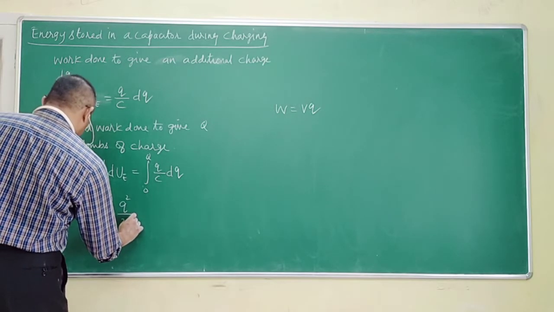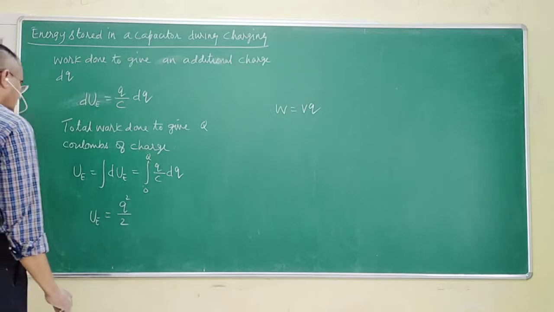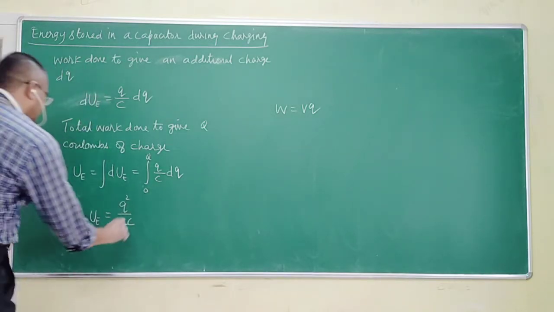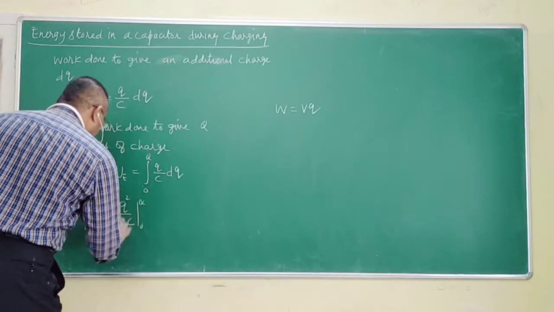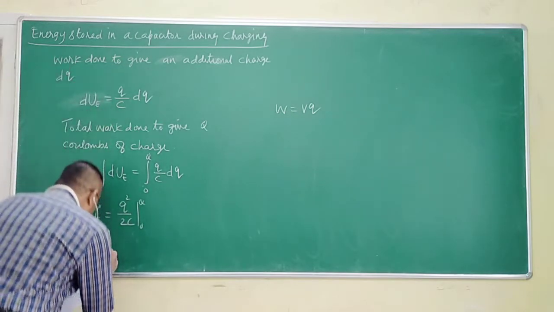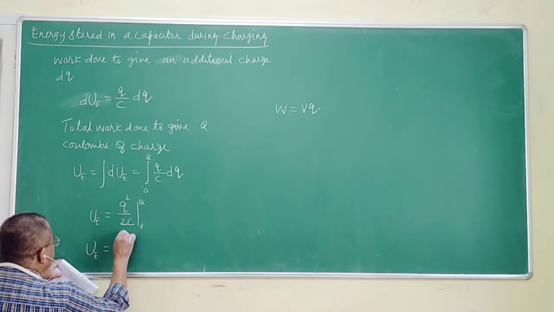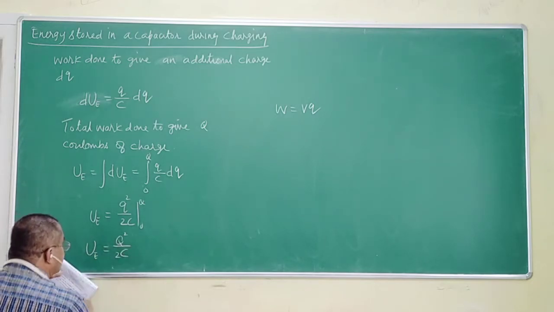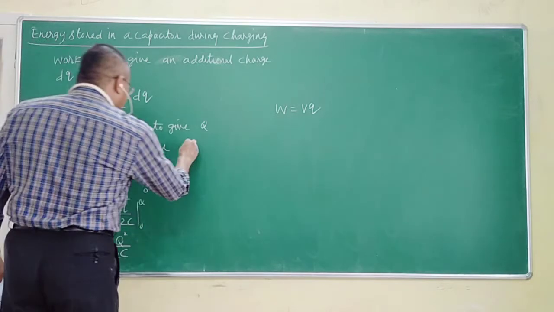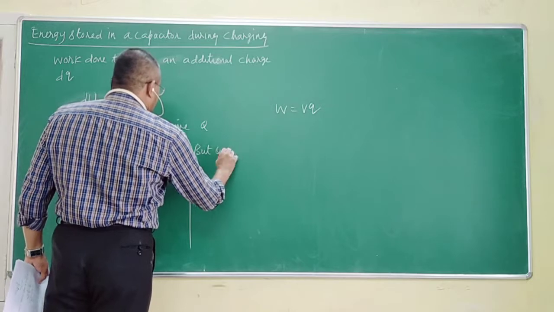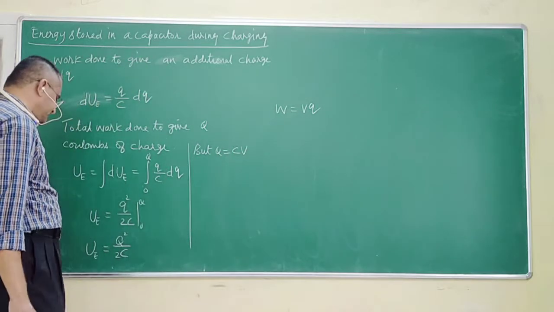Am I right? Q squared by 2C if you integrate this expression. Now you have to apply the limits 0 to Q, and therefore this reduces to the form U_E is equal to Q squared by 2C. Okay, but Q can also be written as CV.